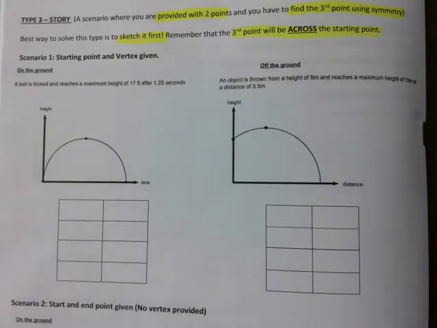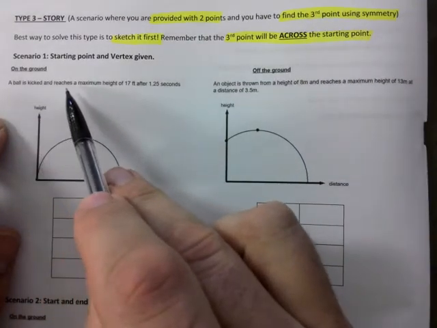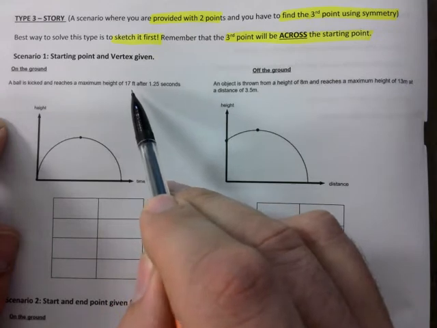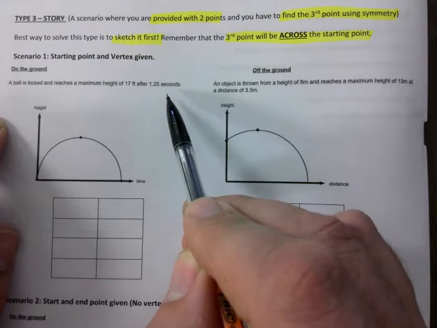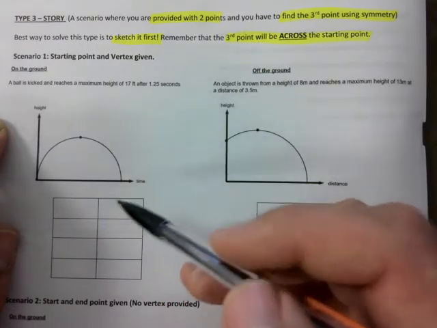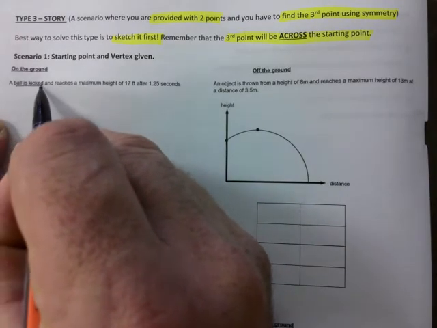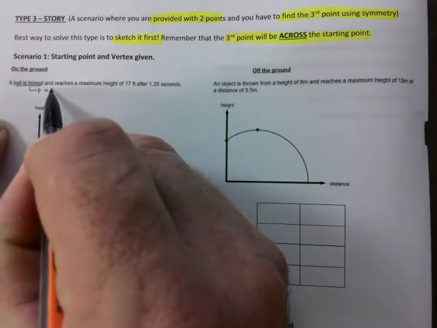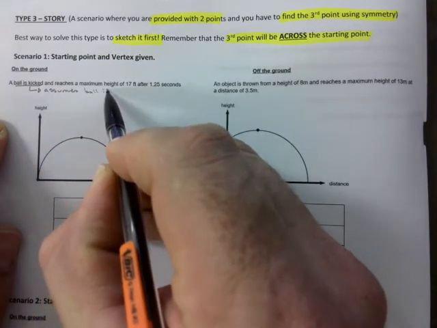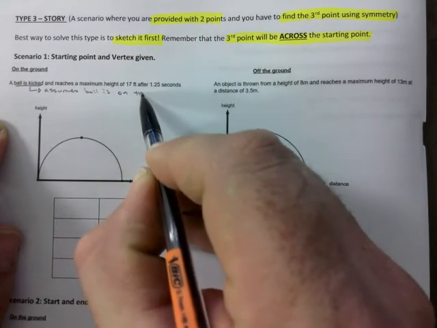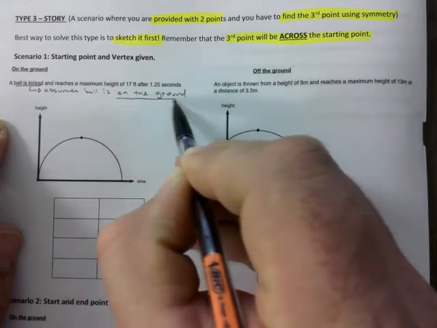So I'm going to give you a quick, very short word problem. A ball is kicked and reaches a maximum height of 17 feet after 1.25 seconds. It doesn't say that it's 0, 0 as part of this. But the ball is kicked, which assumes the ball is on the ground.